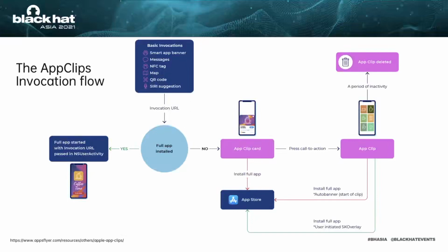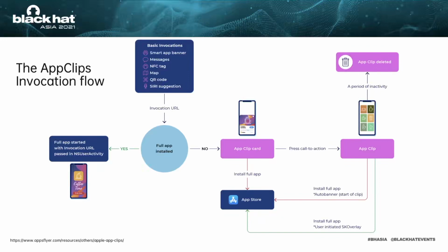And this is the dynamic app clip invocation flow. When you come in from the entrances just introduced, the system will determine whether the full app is installed. If it is installed, the full application will be opened. If it is not installed, the app clip card will pop up.